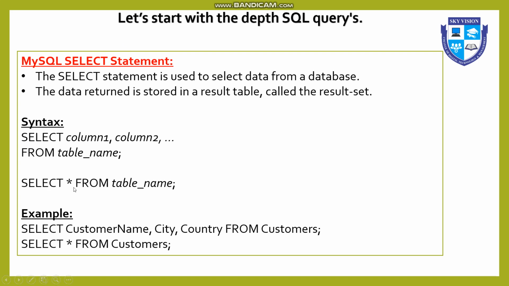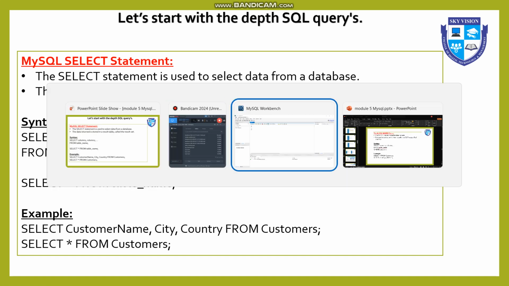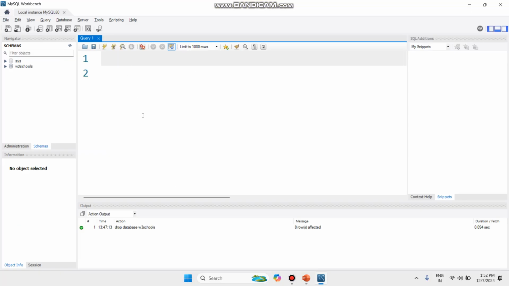Suppose you are writing SELECT * FROM table name and after that a semicolon. The semicolon is important: where it ends, we understand that is one query. If there is another semicolon somewhere, that is my second query. So we can write multiple SQL queries, and in the previous section we saw multiple queries written in one place.